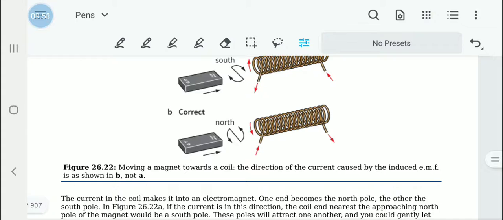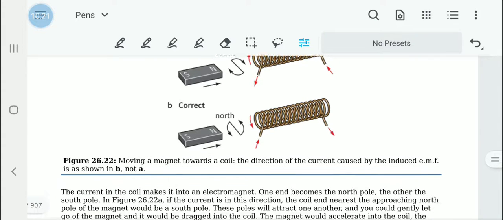You have to figure out which direction the field is going to be, and then you have to figure out what happens when you bring the magnet close to this. What happens to the coil? The coil is going to become an electromagnet. One end becomes the north pole, the other becomes the south pole.